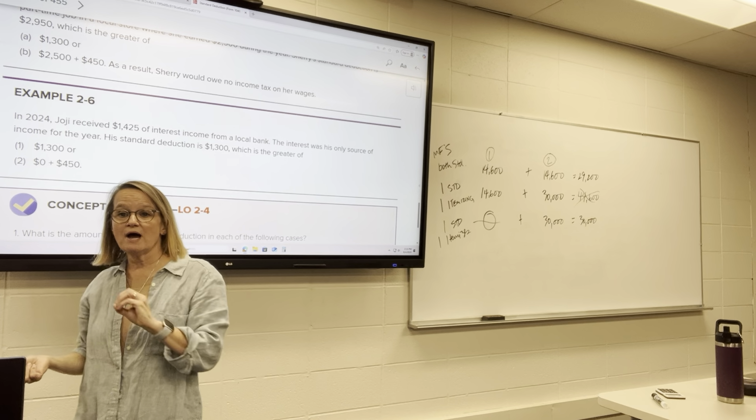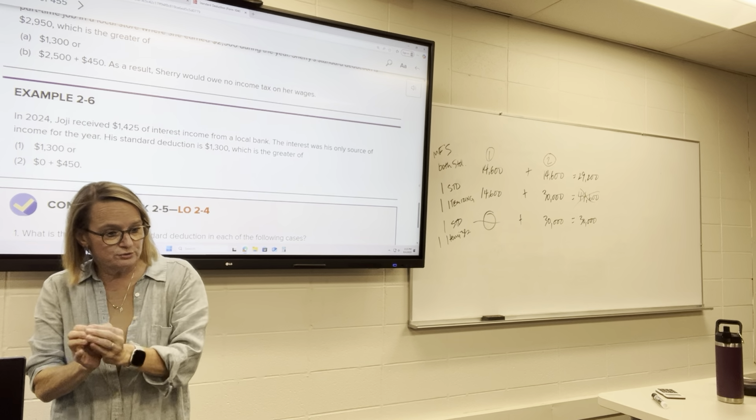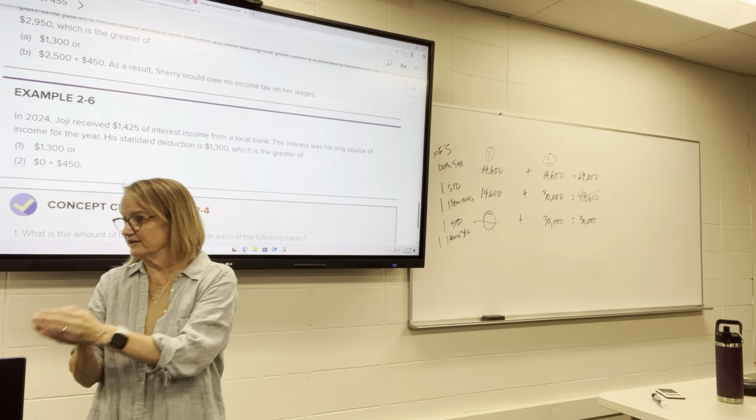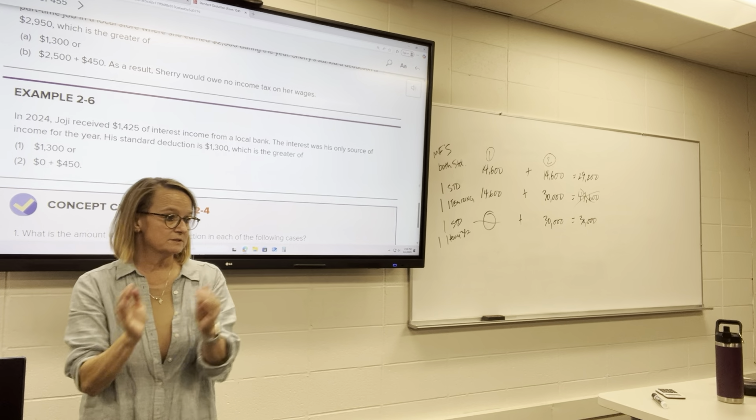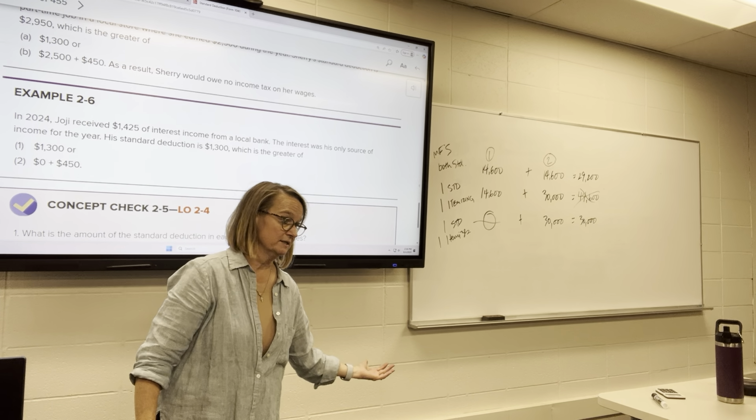The whole purpose behind this is to reduce income shifting, passive income shifting from parents to children. Why would they do that? Because the children are at a lower tax rate, right?